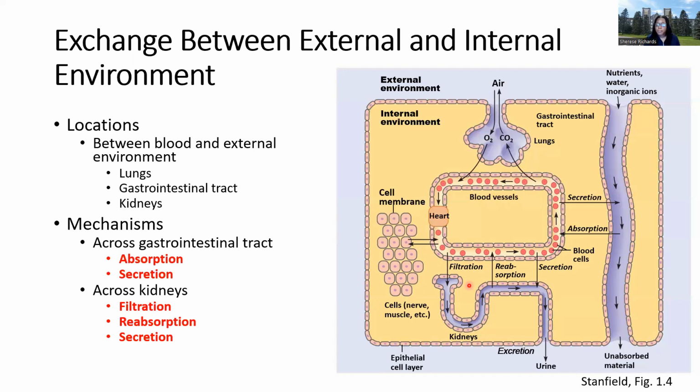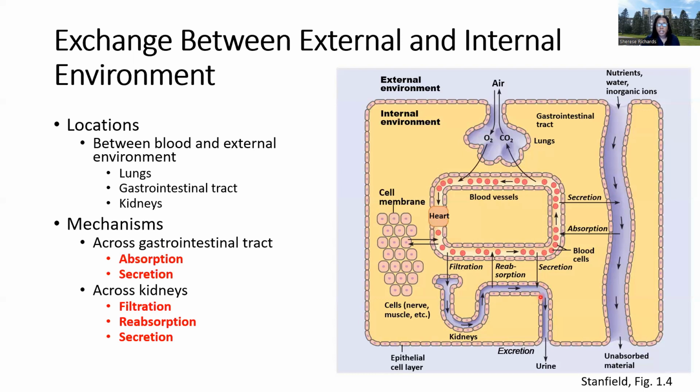So for example, glucose, amino acids, these are substances that should not be filtered out across the kidneys. And so they will be actively reabsorbed back into the blood. Lastly, secretion is just the same direction as filtration, which is going from internal environment, here the blood, out into the urinary tract.